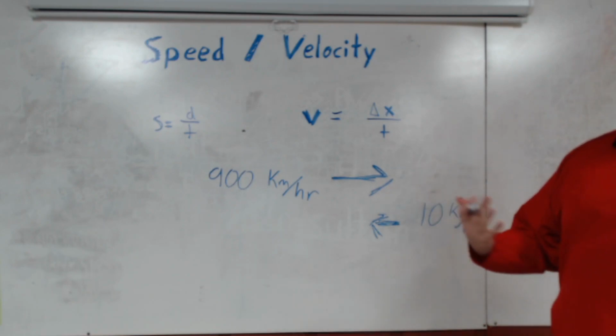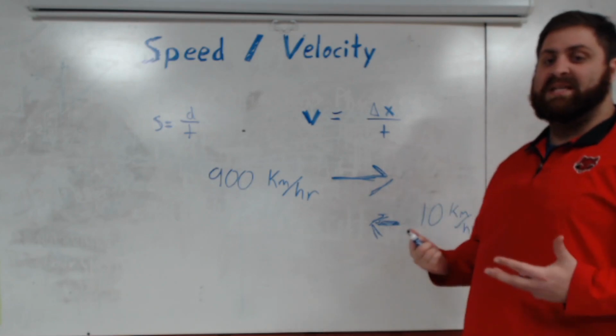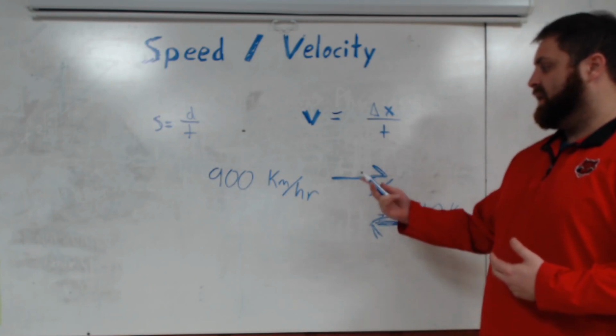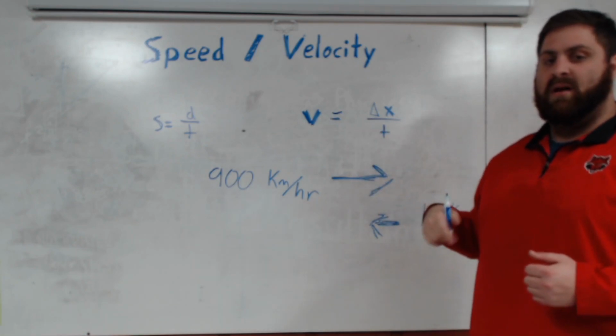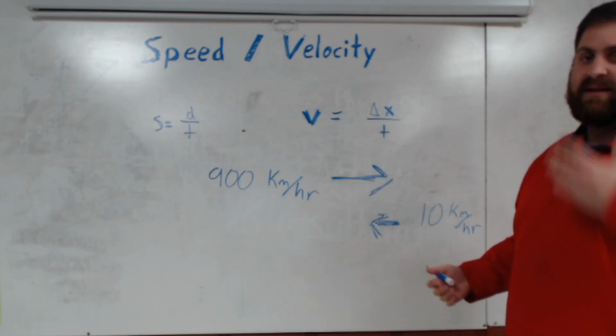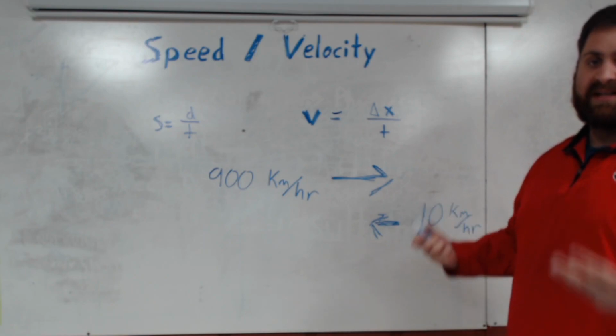Well, the velocity, or change in displacement over time, of our plane is 900 this way, but it's being pushed back 10 that way. So you can just add those up. In our case, technically subtract, because they're going against each other.